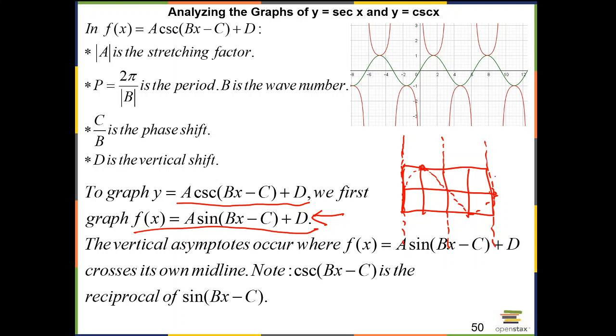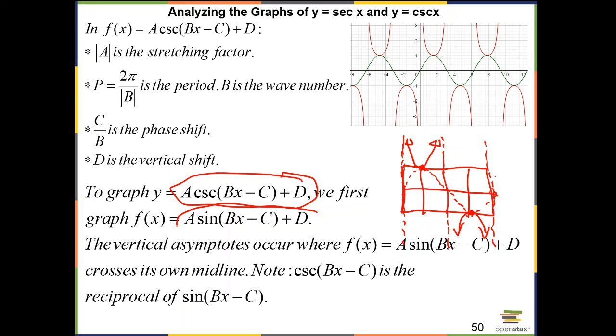And then we graph cosecant, like that, right? So first we graph this sine in a rectangle like that, then we can graph this easily. Now, one common mistake is that students think that this function is a reciprocal of this function.